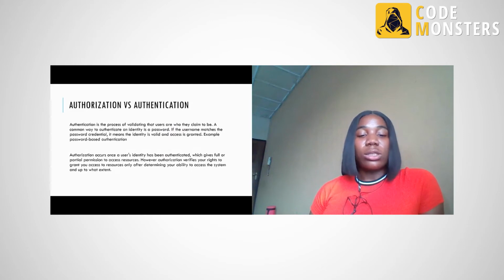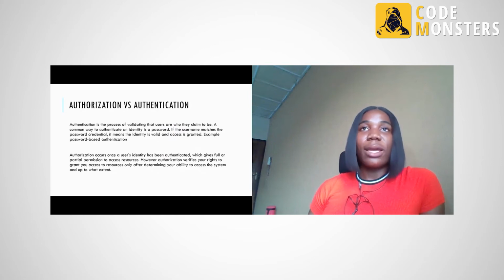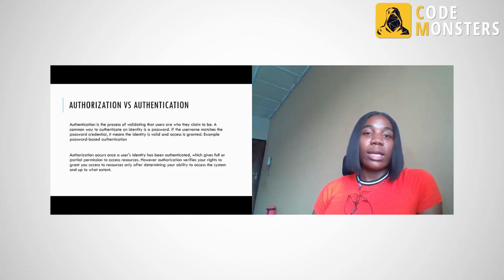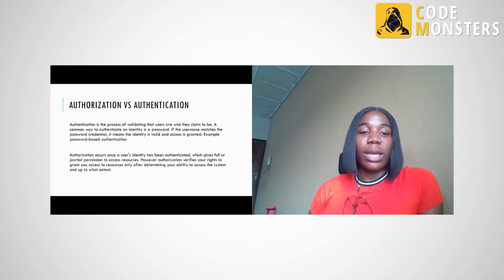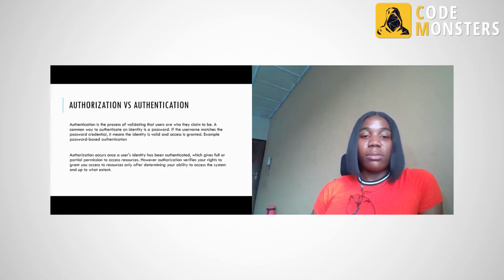Authorization happens after authentication. So let's say you've been authenticated, but do you have access to particular resources? For instance, let's say you're on a website and you're just a user. A user would have more limited access than an admin role would have. That's when authorization comes into play. Authorization occurs once a user's identity has been authenticated and gives full or partial access to particular resources.